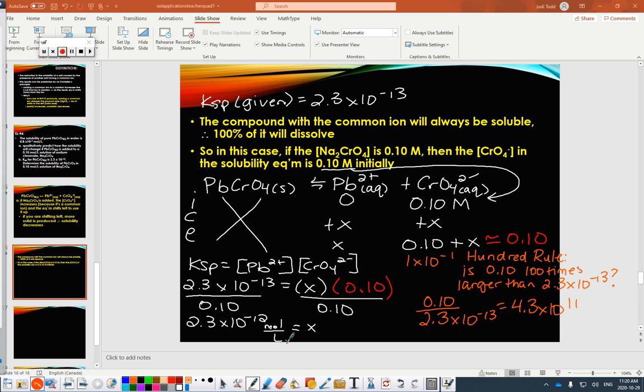You can prove me right. You can do 0.1 plus 2.3 times 10 to the negative 12 in your calculator, and it's going to say 0.1. It is such a tiny number, it is not going to influence that 0.1 at all.